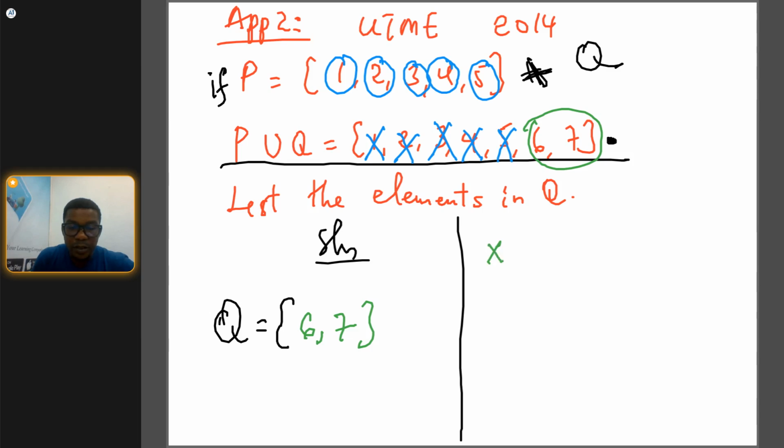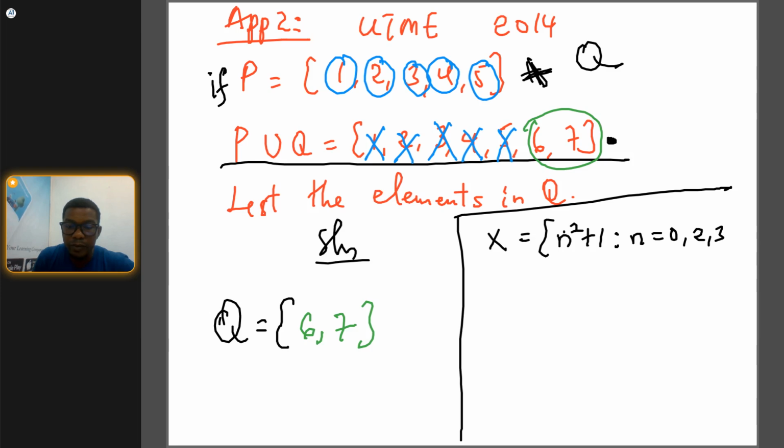If X is a given set such that X is n squared plus 1, such that n is equal to 0, 2, 3, we are asked to write out the elements in X. So what will be the first element for this question?